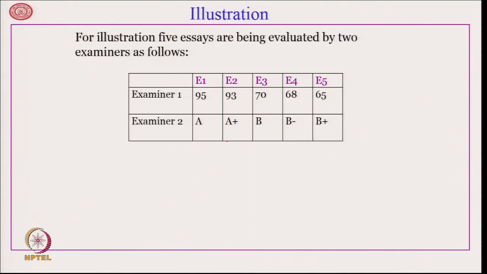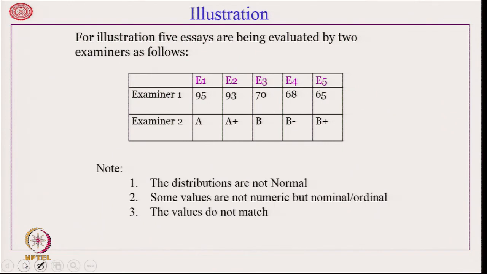Suppose we have the 5 S's graded by 2 different examiners, one has given numerical scores, others have given grades, and we want to see to what extent the examiners agree with each other, or in other words the association between their evaluations.